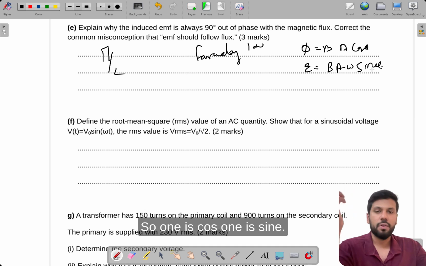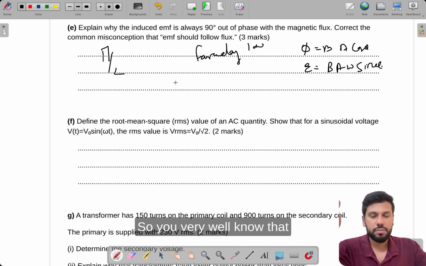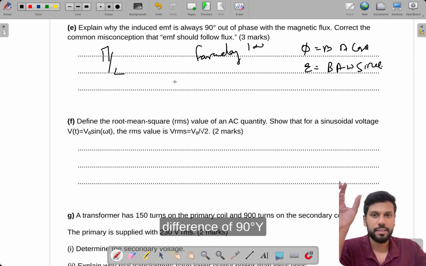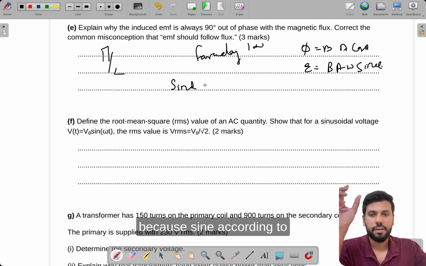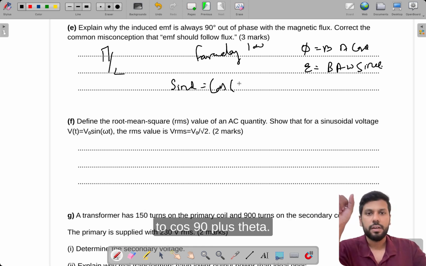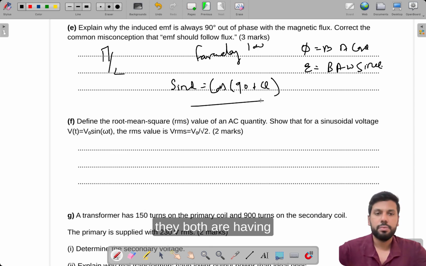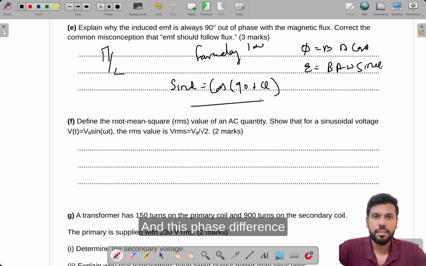So one is cos, one is sine. You very well know that they have a phase difference of 90 degrees, because sine theta is equal to cos(90 plus theta). This is the reason why this phase difference is very much mandatory, right?